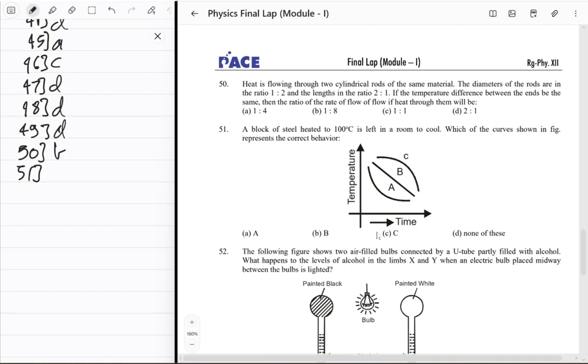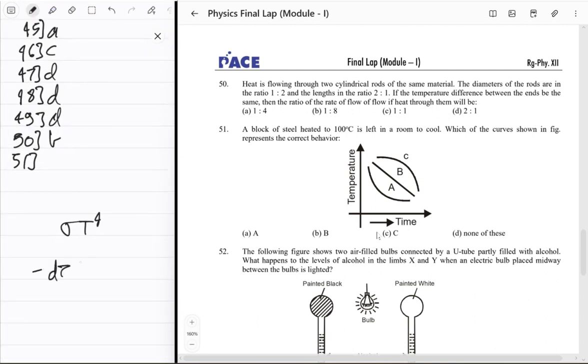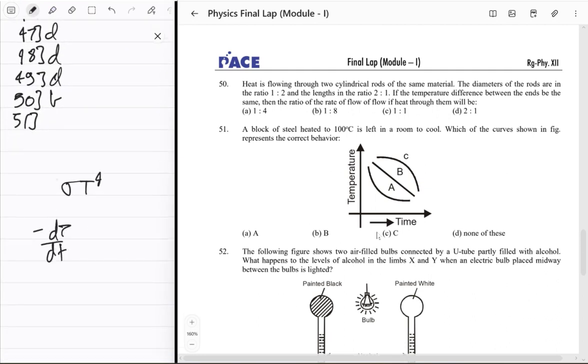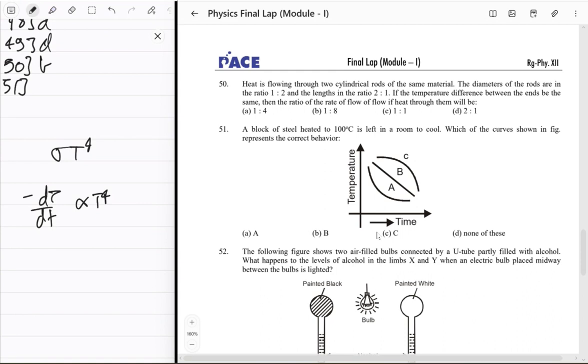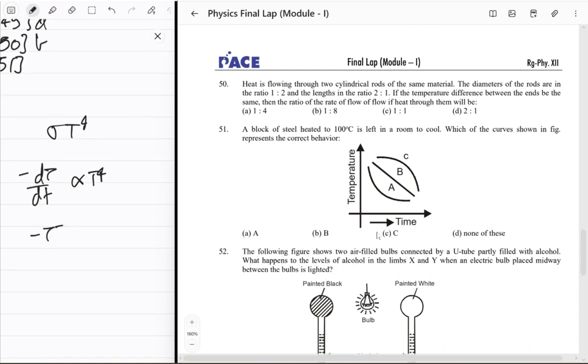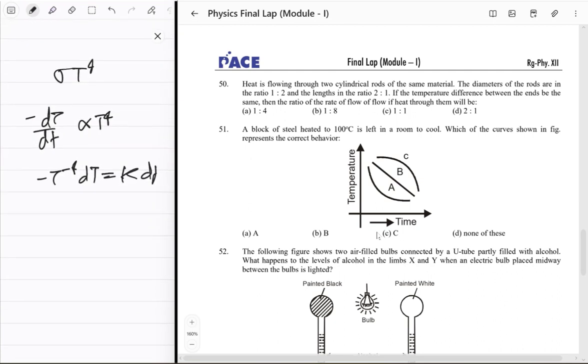But still if we only look through radiation, then it's like sigma T power 4. That's right. So negative dT upon dt, time basically, is proportional to T power 4. So you can say T^-4 dT is equal to k times dt. इसको integrate कर दो, so it's like -4, something like that.